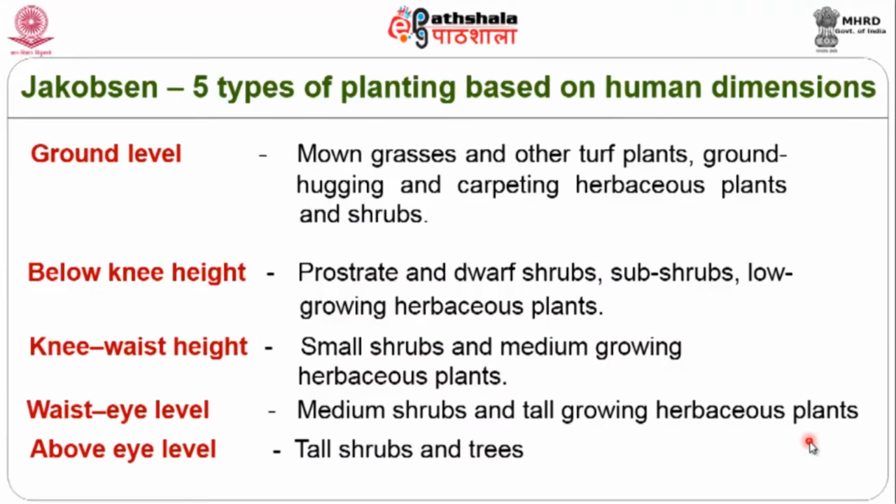And we have the above eye level category, that is the tall shrubs as well as the tree plants. As we know, trees are a major part of the natural landscape, and they can be very effectively used in a design landscape, whether it is a terrace landscape, a landscape done on a roof, or a very large woodland in terms of scale.